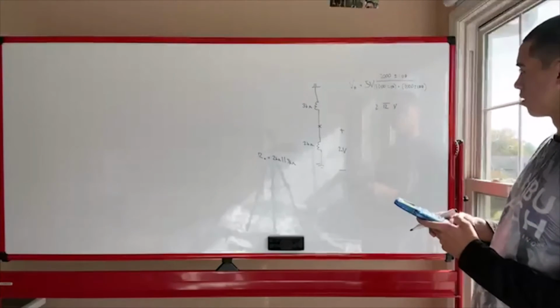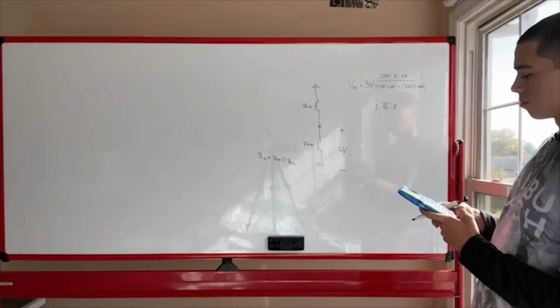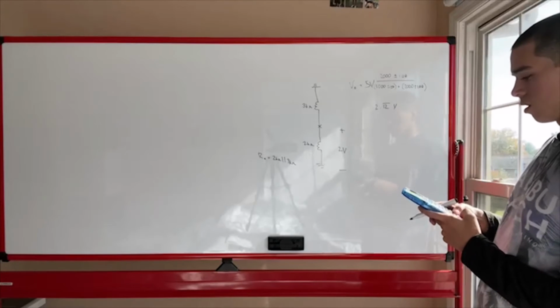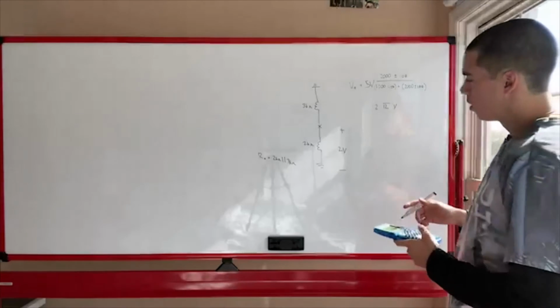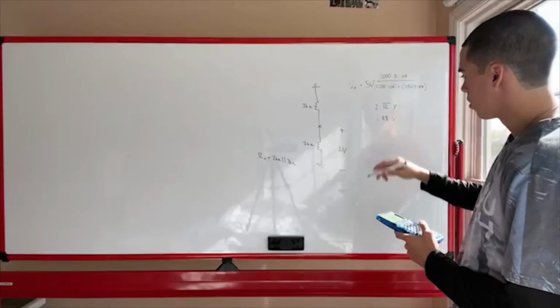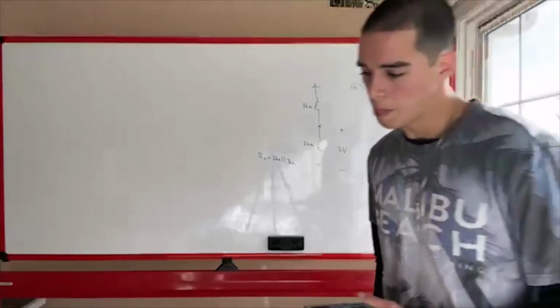What if we subtract? So how about that? Times 5. Okay, you could also get 1.88 volts. So that's definitely the more extreme one. So it's probably the answer you're looking for.